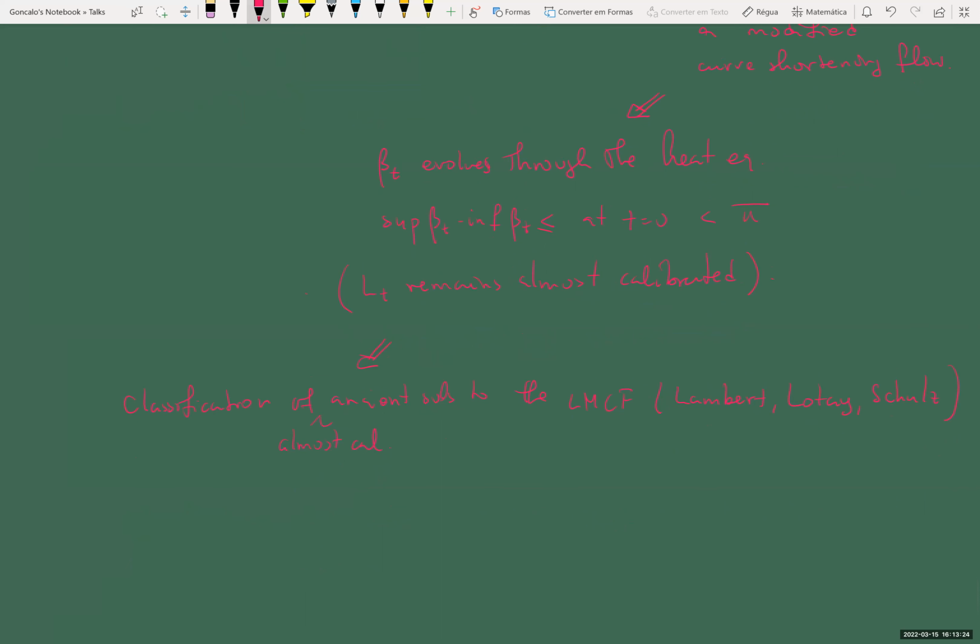We find that for L_t to develop a finite time singularity, then gamma_t must cross, or must hit, a point of S, of that discrete set.